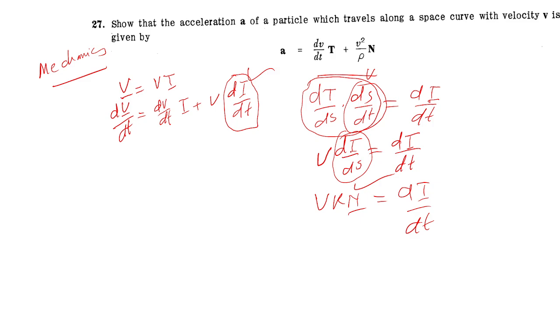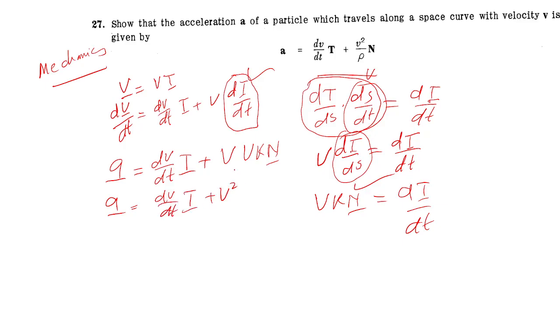The derivative of the velocity with respect to time is the total acceleration, which is dv/dt in the tangent direction plus v times v kappa n, that is v squared kappa n.